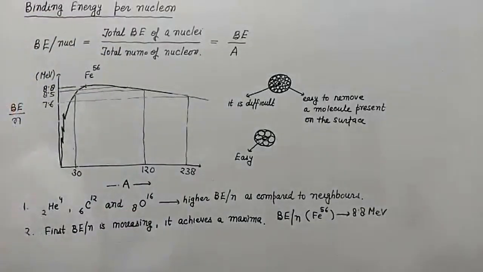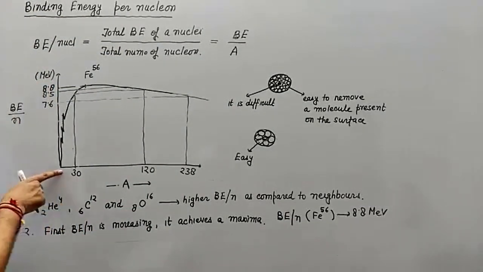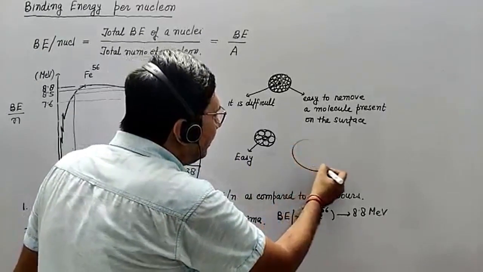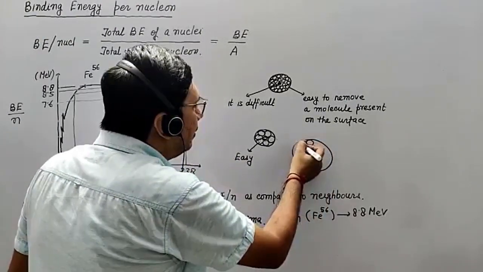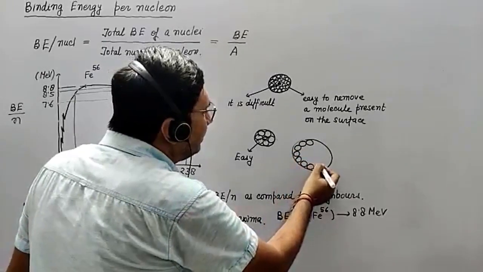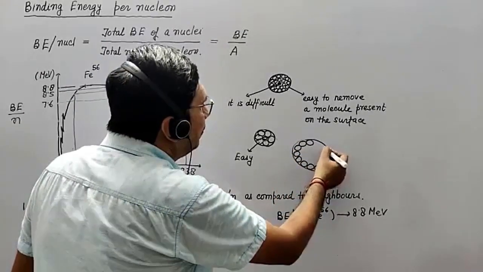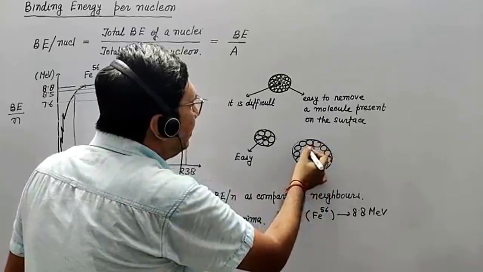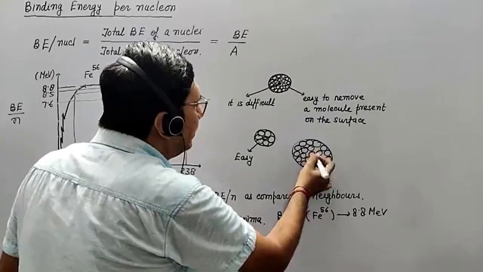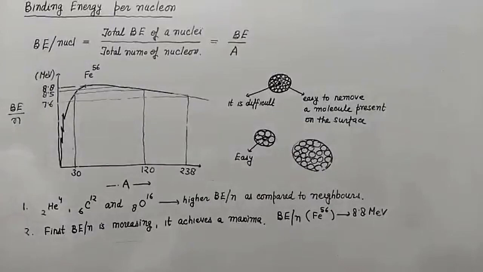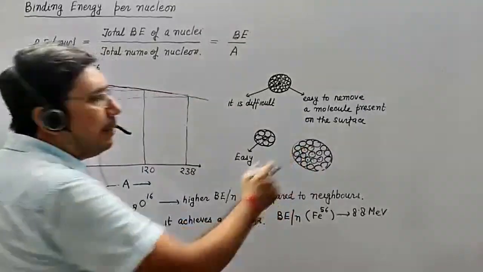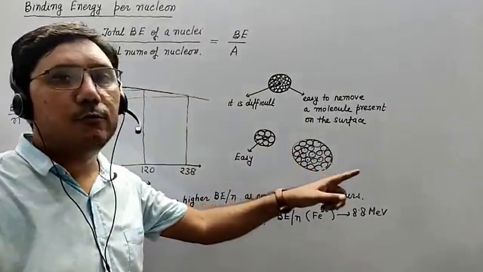As we increase the value of A, you will find a nucleus like this, where a large number of nucleons are well inside the nucleus. Their binding energy is high because it is difficult to remove them.